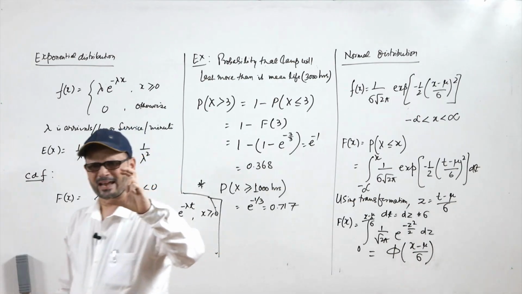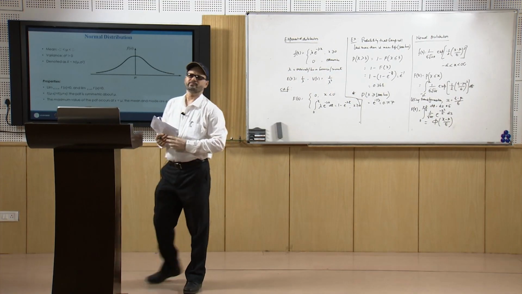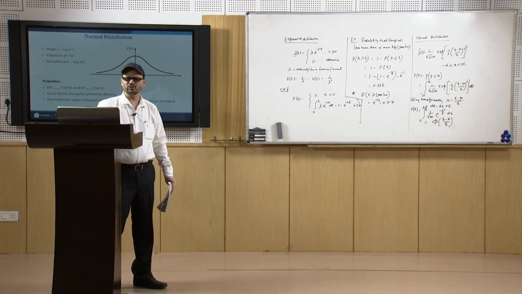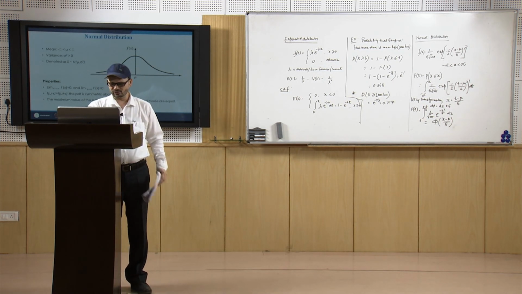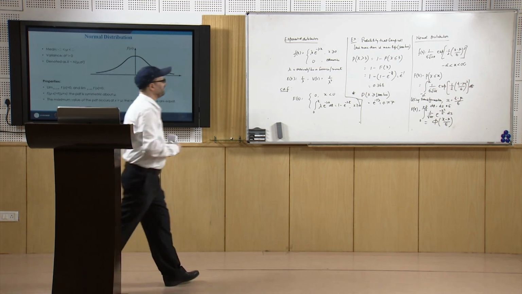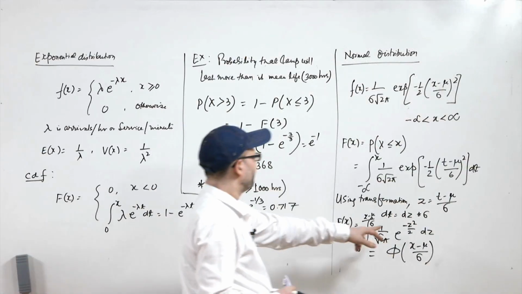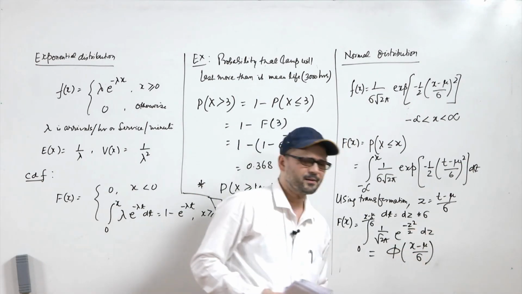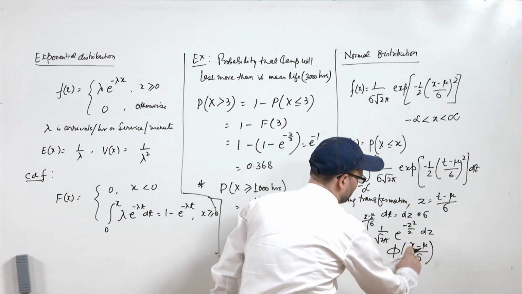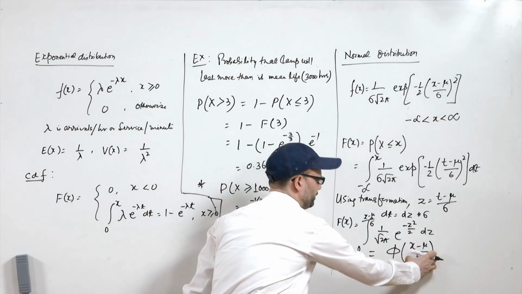You can get these values from the table of the normal distribution. So, the table looks like this. Now, you can take this function also as phi z. Finally, that has been expressed as (x minus mu) by sigma, and this will be basically z.